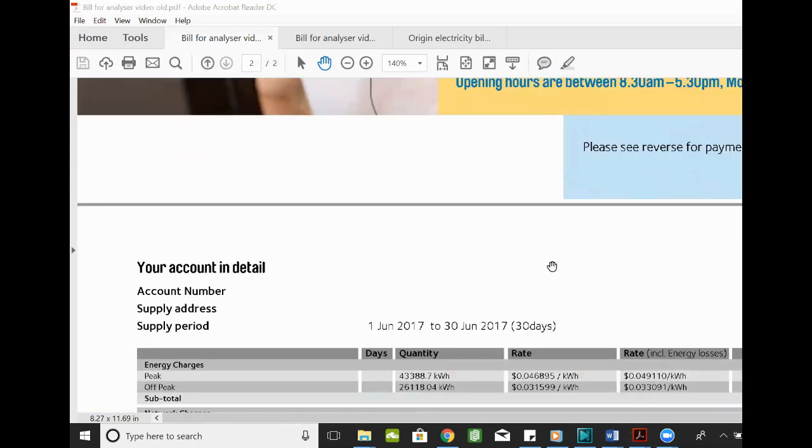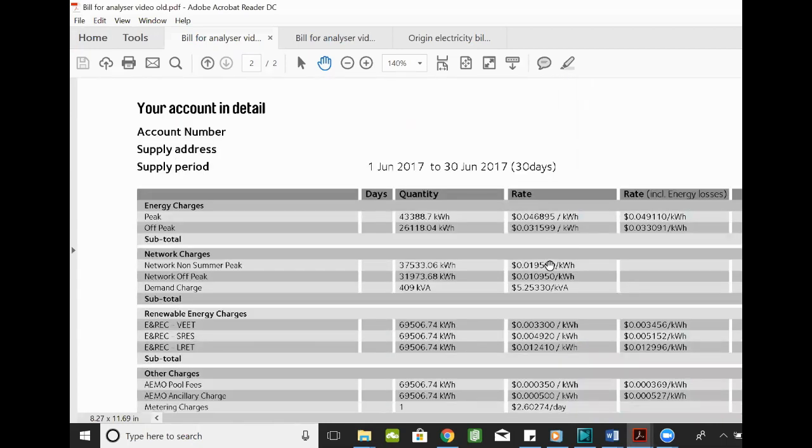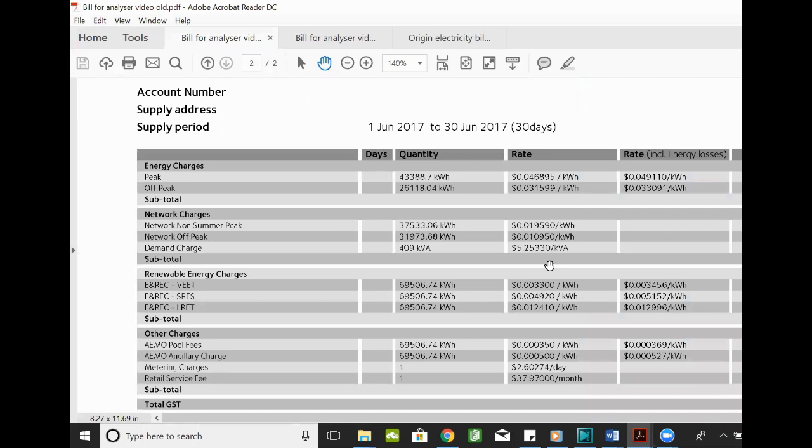Then if we scroll down, you can see a breakdown of the charges: energy charges, network charges, renewable energy charges, and other regulated charges. That's the typical breakdown of a commercial bill.